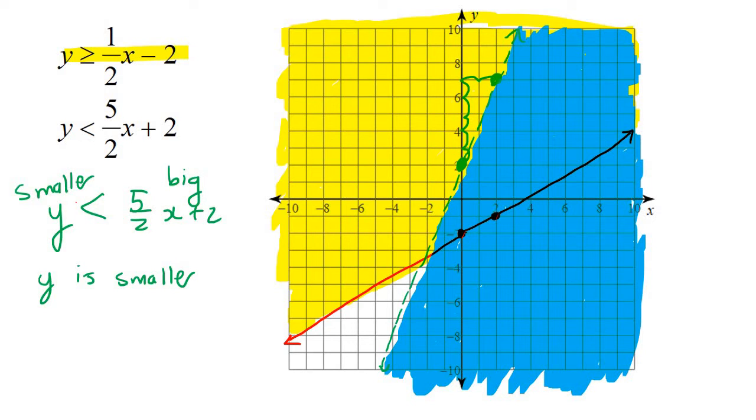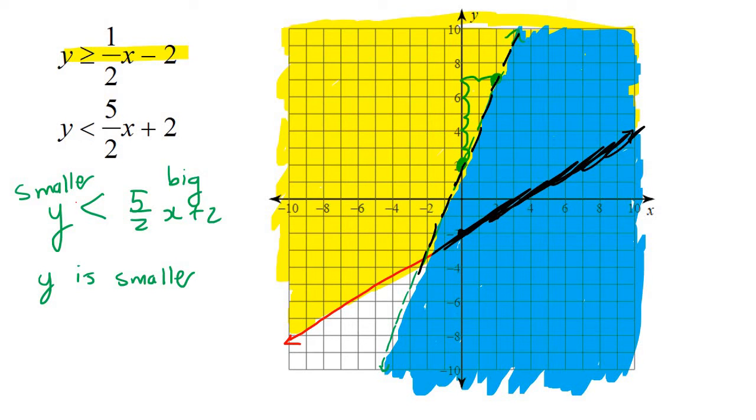So now the answer is going to be the overlap part. This would be easier for you if you use two different colors on your paper. So it's the part where we had yellow and blue. That's where our answer would be. So here this part was dashed. Let's just fill that in. And then this part here was the solid line.